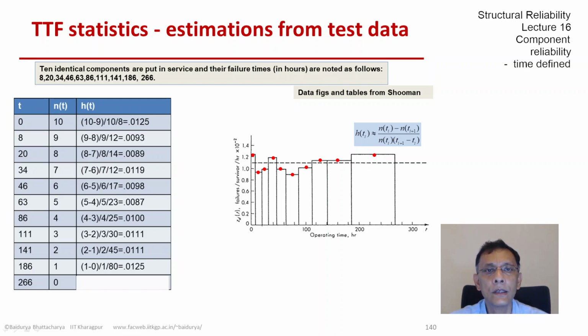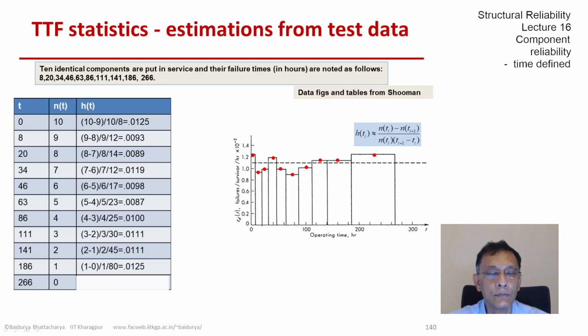So there is reason to believe, there are good reasons to believe that this time to failure is exponentially distributed, and within noise, within observational error, we have observed a more or less flat hazard curve.